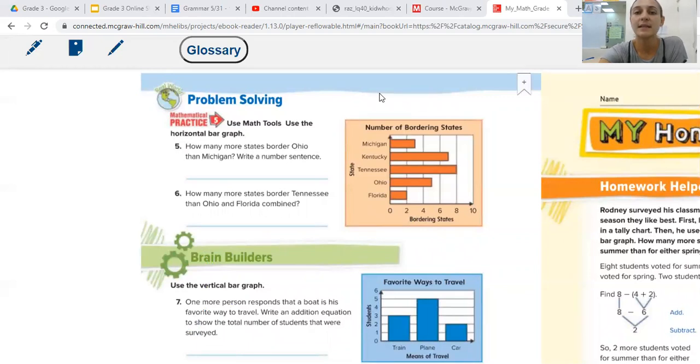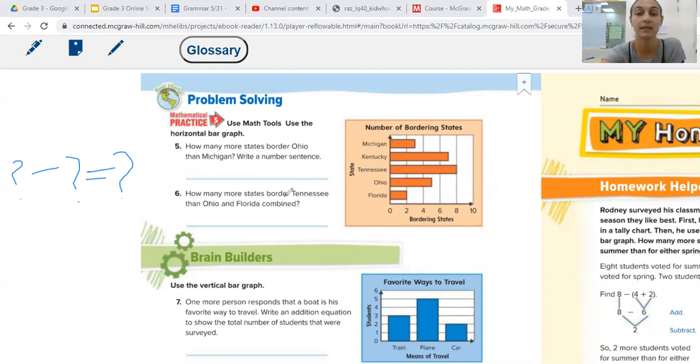So, and to write a number sentence, that would mean you would do something like, let me show you an example. A number sentence is just when we have a number, any number, minus or plus another number equals what? So your number sentence here to figure out how many more states were counted for Ohio than for Michigan.